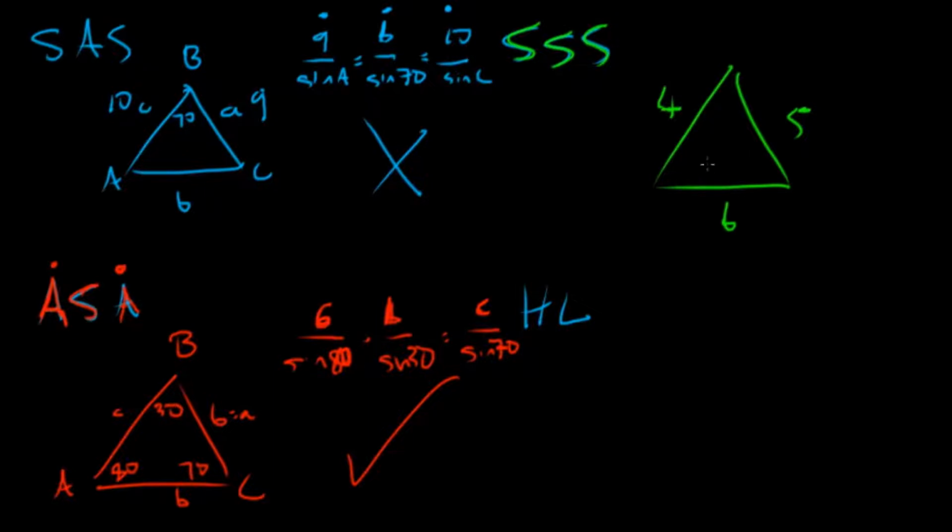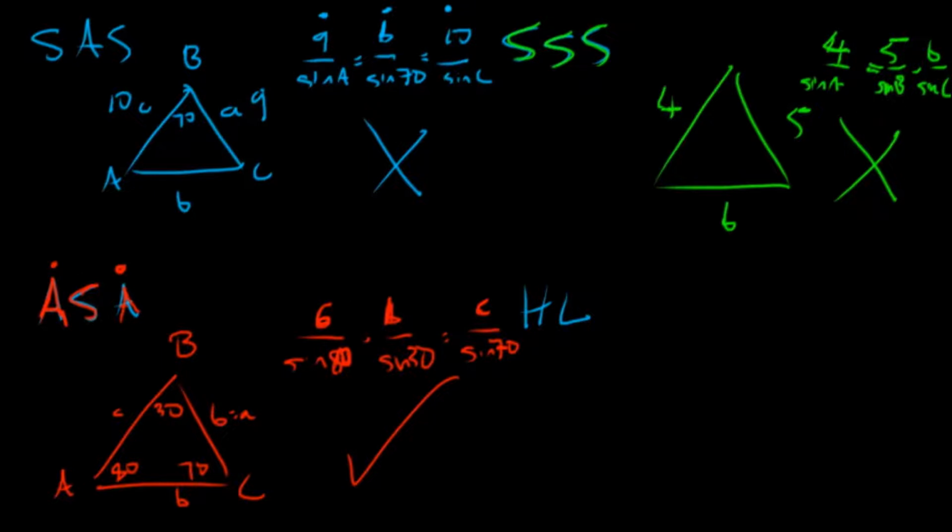That means we have the numerators of each side, 4, 5, 6, and then we have sine A, sine B, and sine C. I'm going to be a little bit lazy on this one because we cannot use the law of sines. There's no way to get angle A, B, or C with the information given, and because of that, we cannot equate any of these and have one unknown variable. So it does not work here.